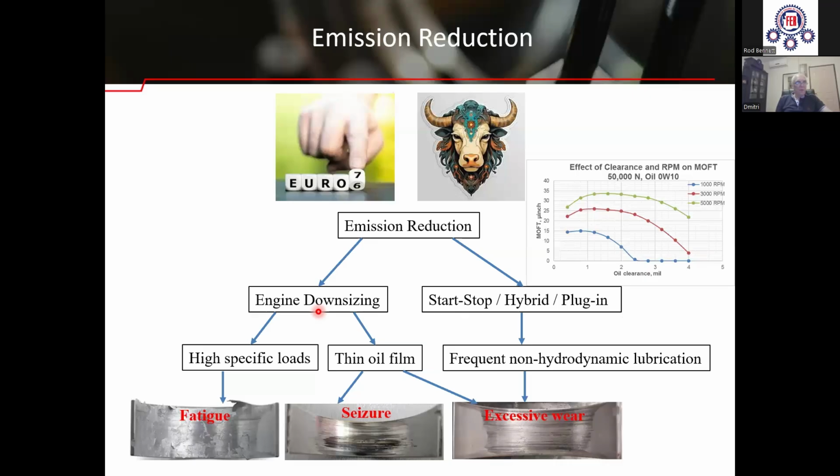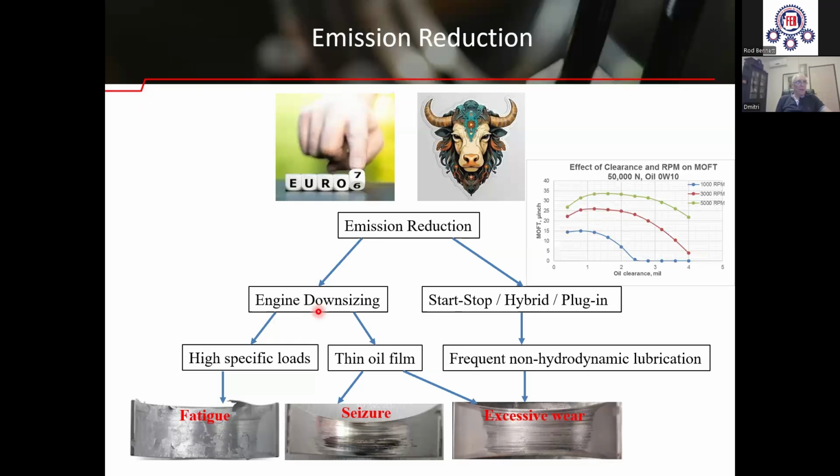I remind you that specific load is the force acting on the bearing divided by the bearing area. Bearing area is the bearing diameter multiplied by bearing length. So if the bearing area is smaller and force is greater, when we divide the force by the bearing area, the specific load increases considerably.